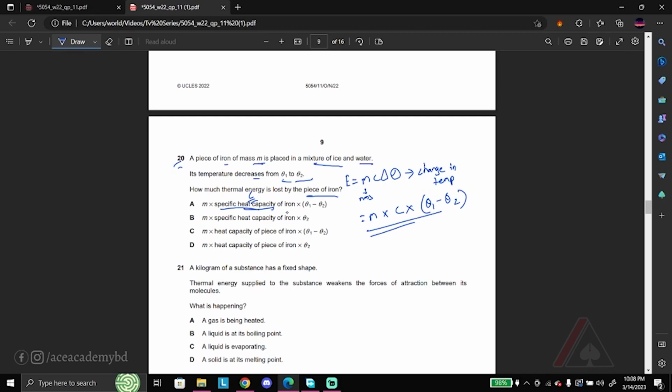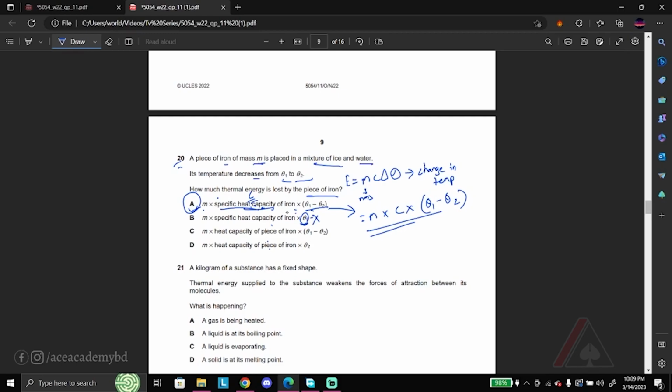So if you compare this to our options, B says M into the specific heat capacity of iron into this. So this is the mc delta theta, so it matches with our formula. So this is the right answer. If we look at the other options, one only multiplies with the temperature, not the change, so it won't be our answer.